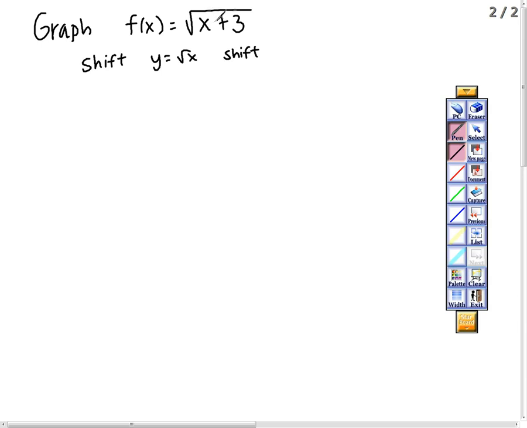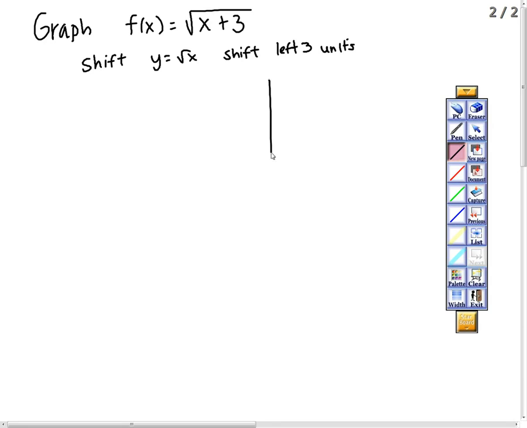Now, it's always counterintuitive if it's shifted left or right. Insiders lie, outsiders tell the truth. So it says x plus 3, plus usually tells us right, but it's backwards, so it's going to be shifted left 3 units. The way I remember it is, what do I have to plug in here to get a 0? Well, I plug in a negative 3 to get 0.